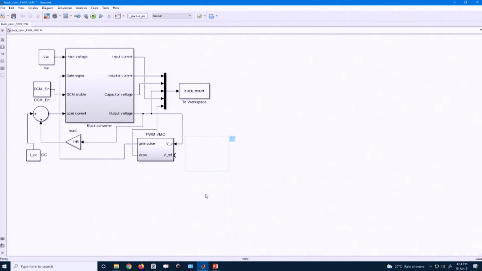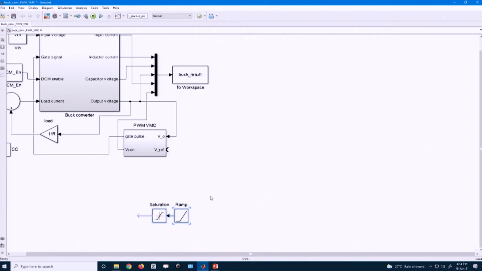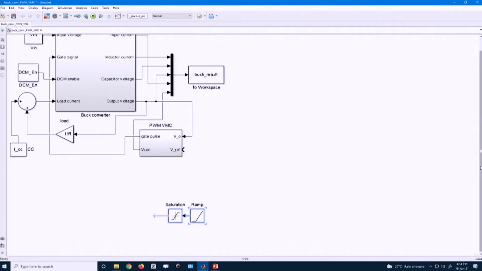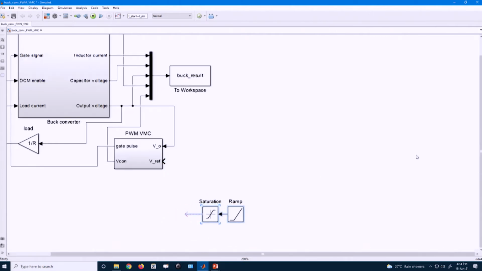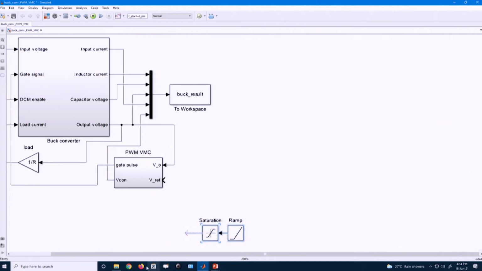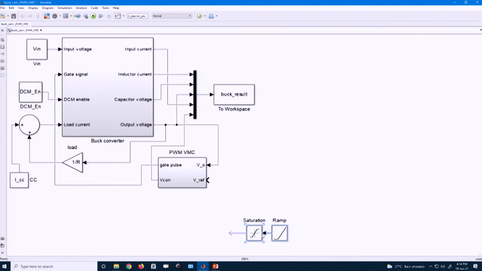For the time being I will just keep this block separately, because this block will be used in a subsequent slide. It has a certain purpose. Okay, just 1 minute. Okay. So, I am using this block separately, but now I want to use a separate reference signal, and this is my Vref.